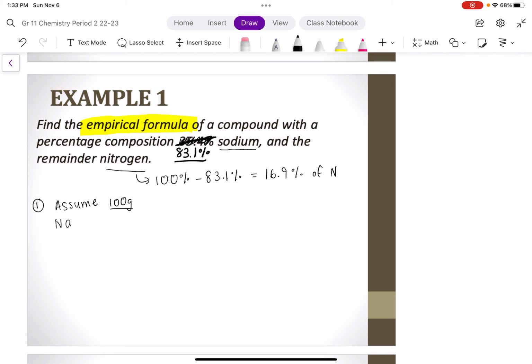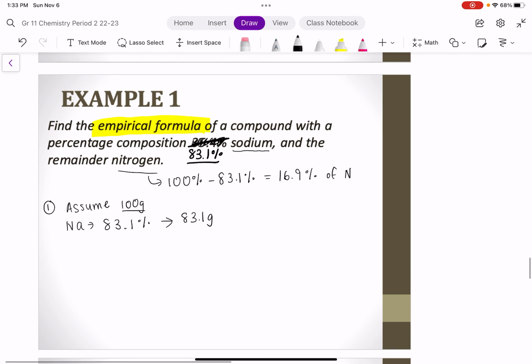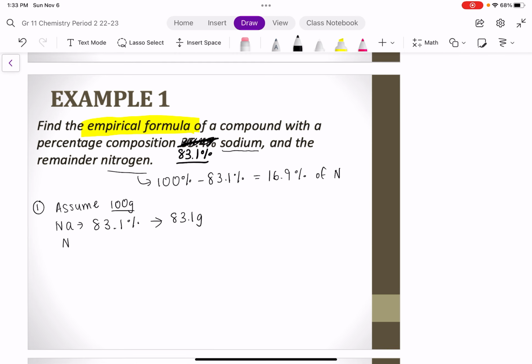For sodium, the mass percent is 83.1%, meaning in 100 grams of this compound, there is 83.1 grams of mass due to sodium. For nitrogen, the mass percent is 16.9%. In a 100 gram sample, 16.9 grams is due to the nitrogen in that compound.